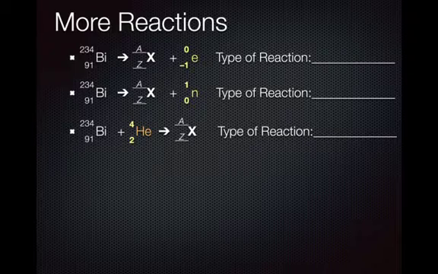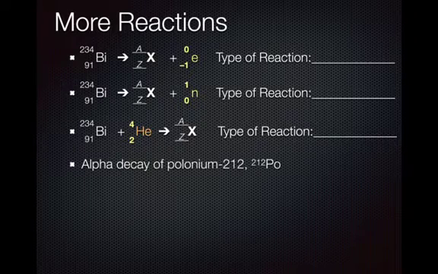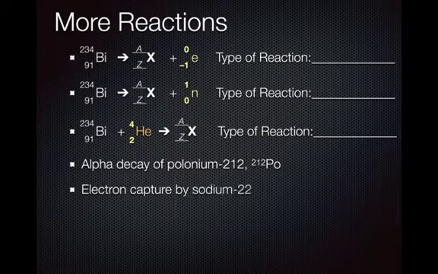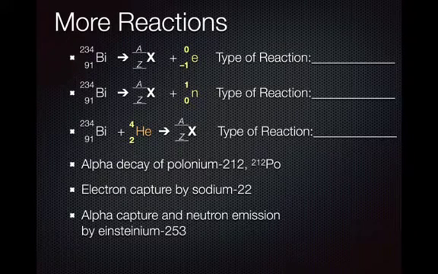I'm going to skip down to the third one. This is an alpha particle, but now it's on the reactant side, so I could say alpha capture. Now I just said alpha capture, so you can have word equations too. So this number 3 is an alpha capture by bismuth 234.